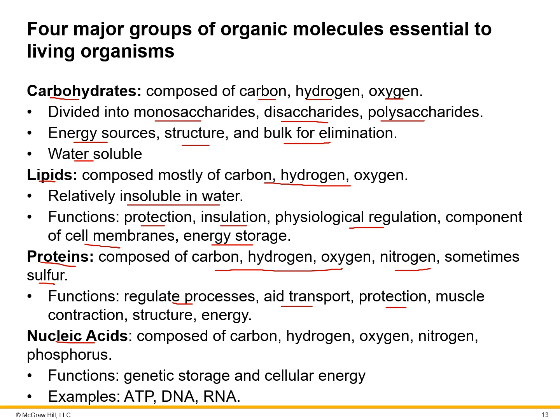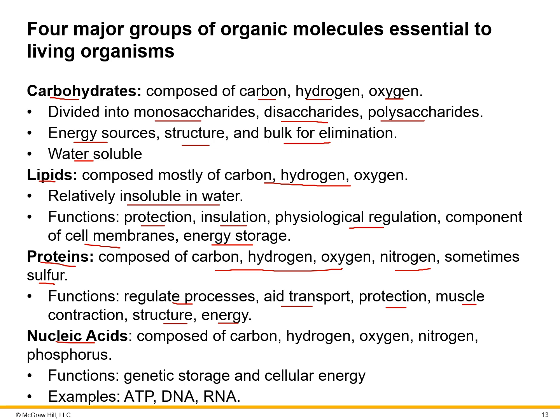They also help with protection, like antibodies protecting from infection. Our muscles contract with the aid of proteins. They provide structure, they can be broken down to give us energy, and our enzymes are another one. These are proteins as well.